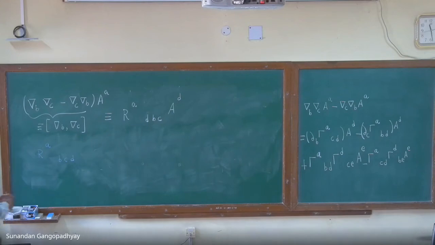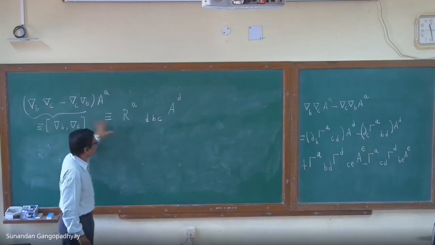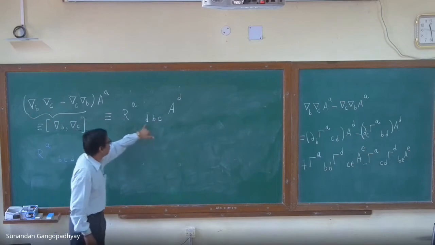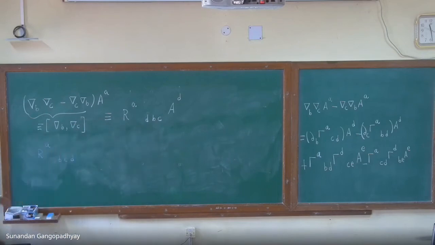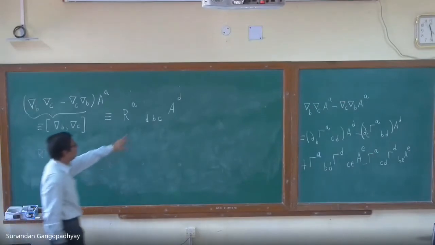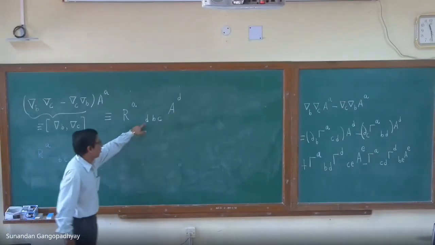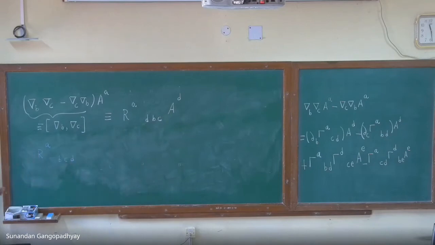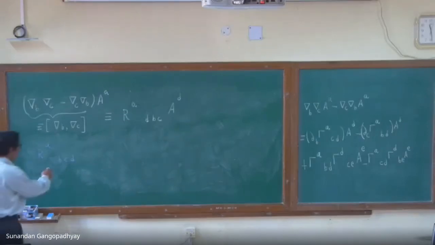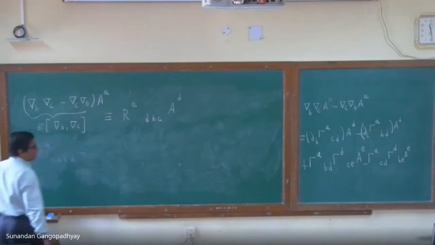Because what is done in the standard literature is to call this D, not B. So now you have to change all the indices. So you can call this E also, but then you have to call this as B because you want to write it in the standard form so that you can spell it out clearly. So R A B C D. So this is equal to.